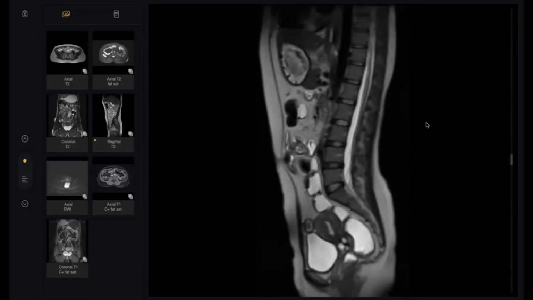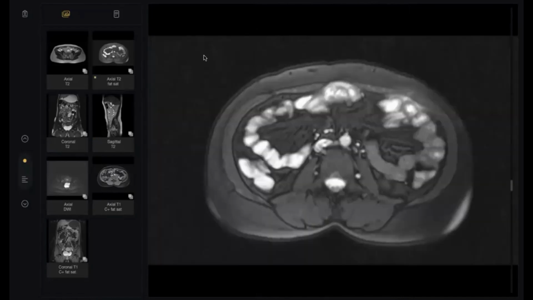Sir, can I see the axial fat set images, because multiple cystic areas are seen, and I'm thinking it could be cervicitis or multiple Nabothian cysts which have led to this adhesion-type appearance. I would also like to take the history of any previous intervention.